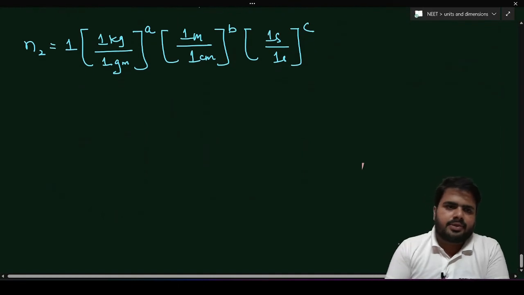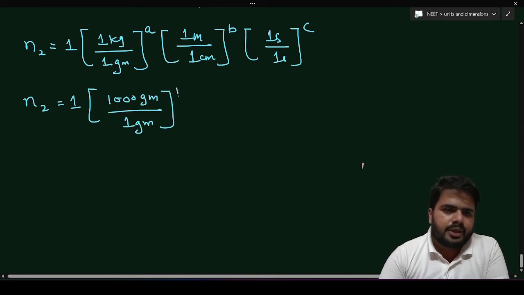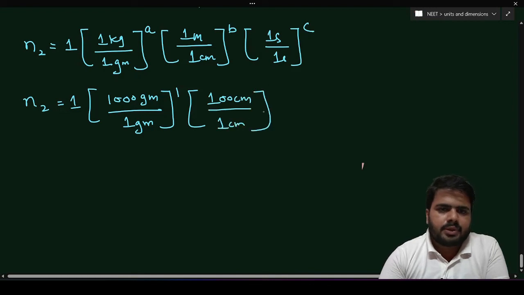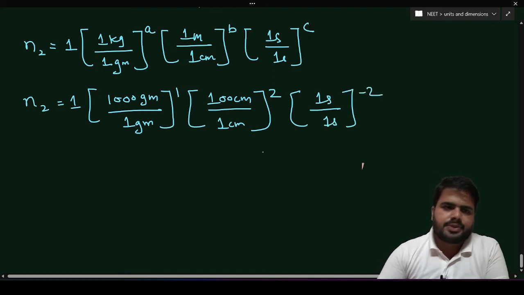Now we'll put the values of a, b and c. So n2 equals 1 into 1 kg, we know it as 1000 gram, upon 1 gram to the power a. You know the value of a as 1. Now 1 meter is 100 cm by 1 cm, and the value of b is 2, and 1 second by 1 second to the power c is minus 2.